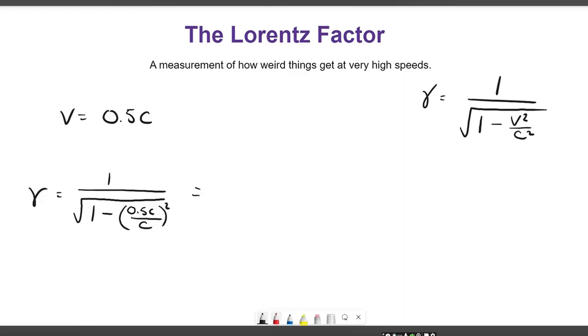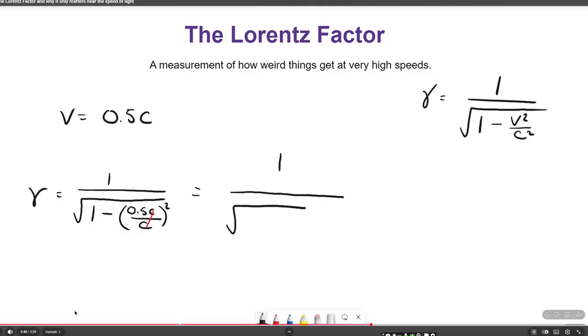So our c's are just going to cancel out, and we're just squaring 0.5. Of course, you can put in the actual speed and the actual speed of light, but when you have some percentage or some fraction of c, you can just use that, and the c's cancel out, and it becomes a little bit easier.